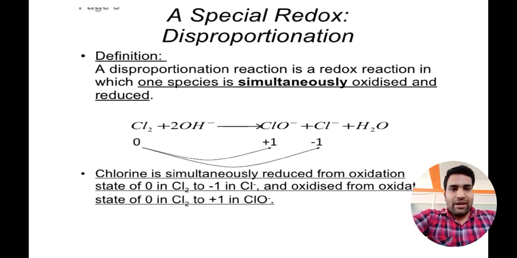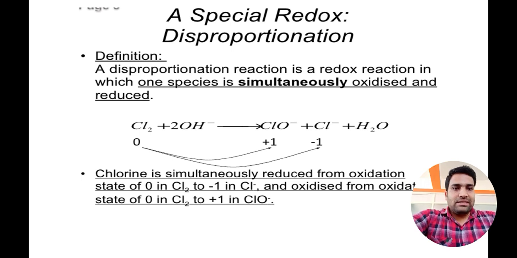Here we have one example: Cl2 plus 2OH minus gives ClO minus plus Cl minus plus H2O. Here chlorine in its native state has a zero oxidation state. In ClO minus, Cl has plus 1, and in Cl minus it is minus 1. So in this reaction, Cl has different oxidation states: 0, plus 1 and minus 1.